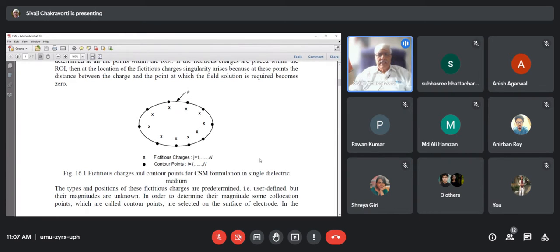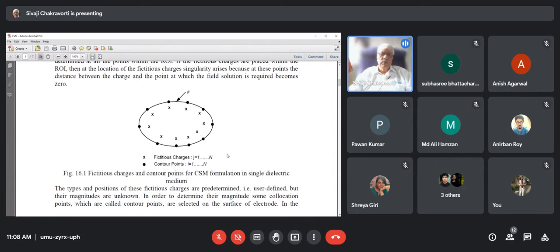But where the charges are and how much charge is on the surface is very difficult to tell. So we are putting some fictitious charges inside the electrode, and for every fictitious charge we are putting one point on the surface, and we are saying that the effect of the actual charges on the surface will be simulated by the effect of the fictitious charges.